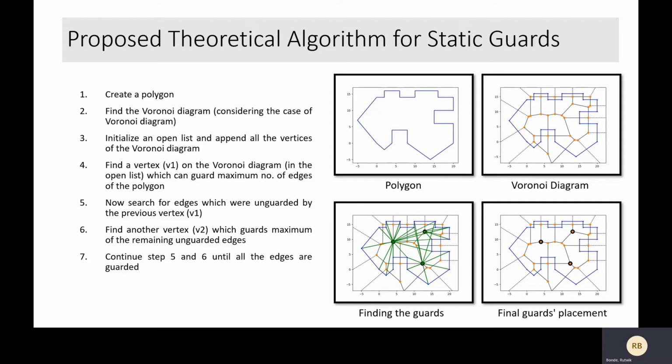Then further in the sixth step, we find another vertex V2 which guards the maximum of the remaining unguarded edges. So we continue this fifth and sixth step until we guard all the edges of the polygon. So this is a very simple theoretical algorithm for finding the static guards. And the figures also give us an idea of how the algorithm works, starting with polygon formation, then the Voronoi diagram, then finding of guards, and then final placement of guards on the Voronoi diagram.